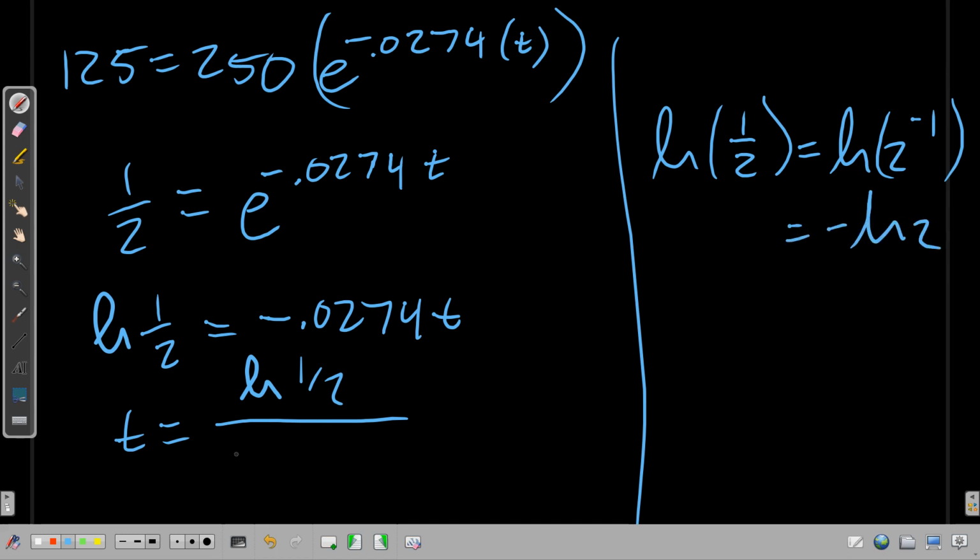So the natural log of 1/2 divided by minus 0.0274. And I get this is approximately 25.29 hours. So to the nearest hour is just 25.